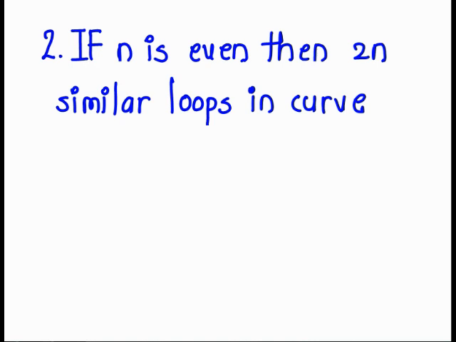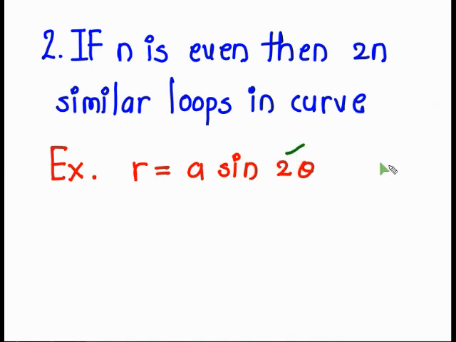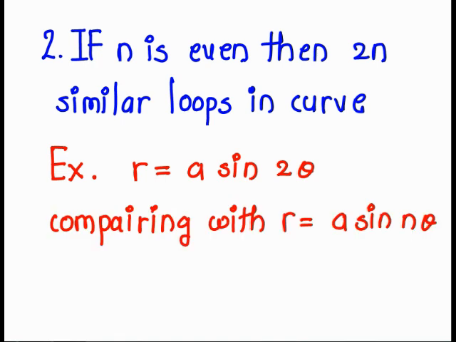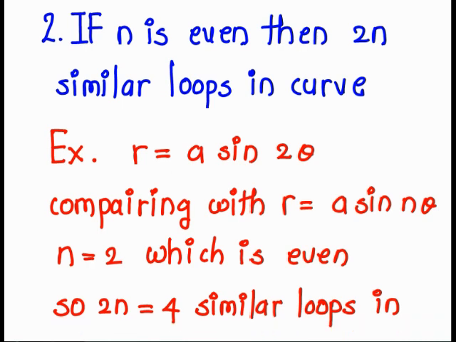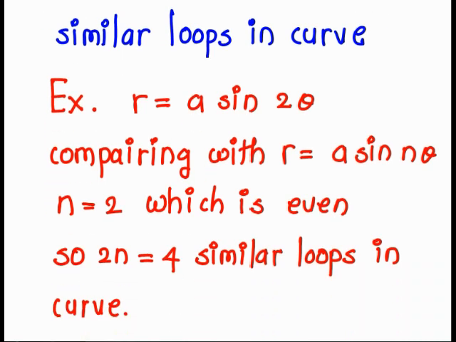Now if n is even, then there are 2n similar loops in the curve. Let's take an example, r is equal to a sin 2 theta, so n is equal to 2. Comparing with r is equal to a sin n theta, we get n is equal to 2, which is even, which means we need to draw 2n similar loops in the curve, that is 4.